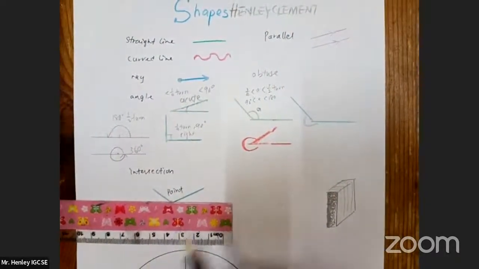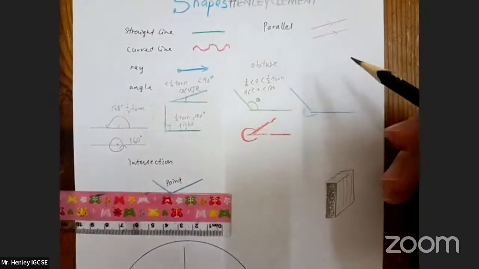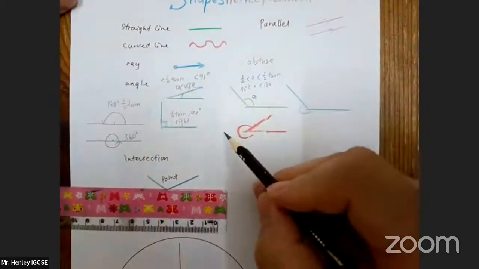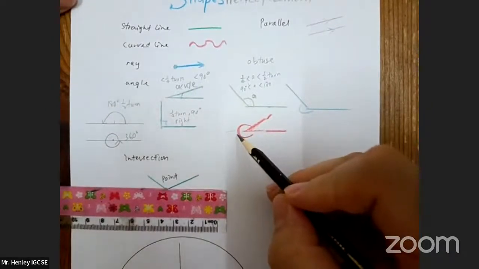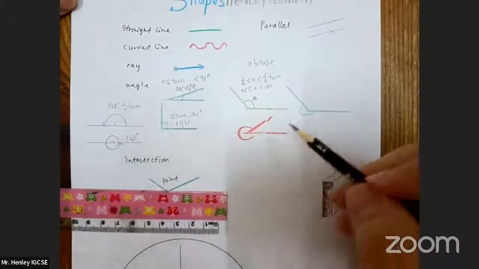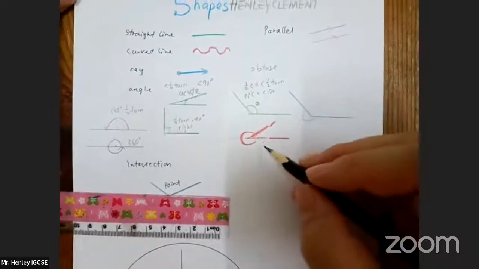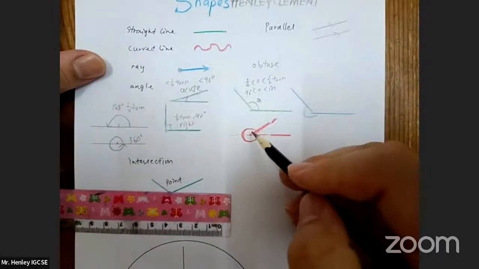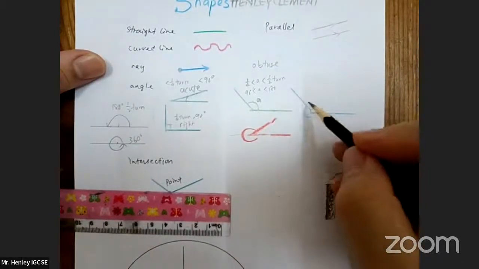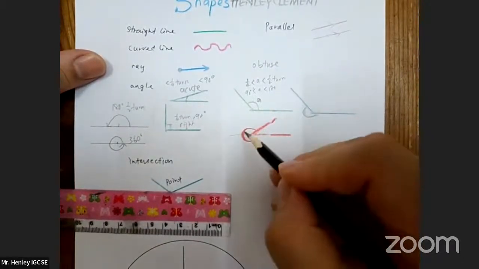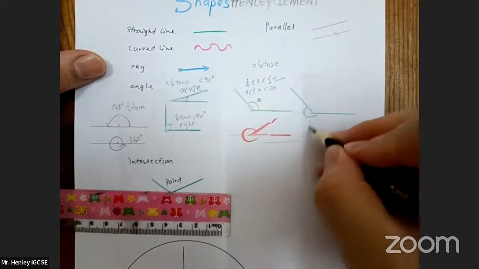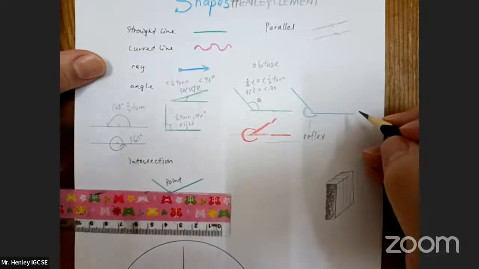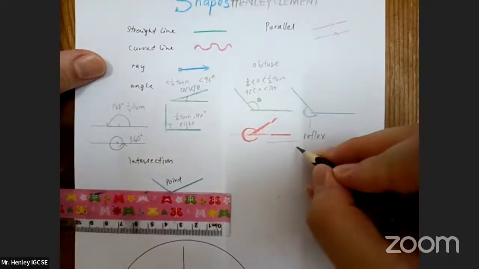For the angle more than half, see, this is more than a half turn, but less than a whole turn. Can you see the other side of the acute angle? This is the acute angle, but this is the other side. This is the obtuse angle, and this is the other side. All these angles we call a reflex angle.